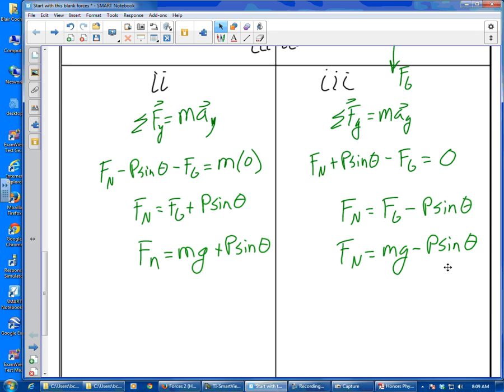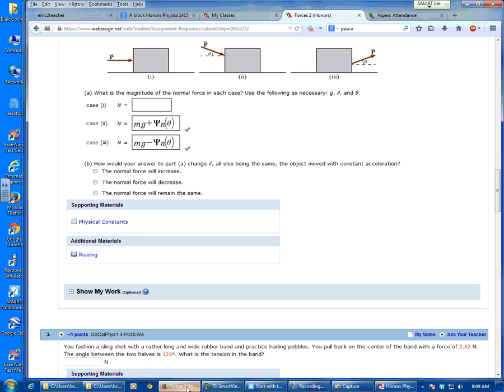But it's mg minus P sine theta. So your correct answer with the screw up should look like that. All right?